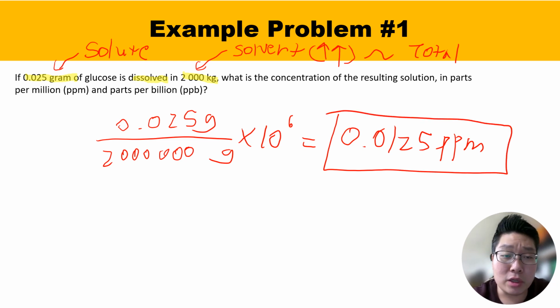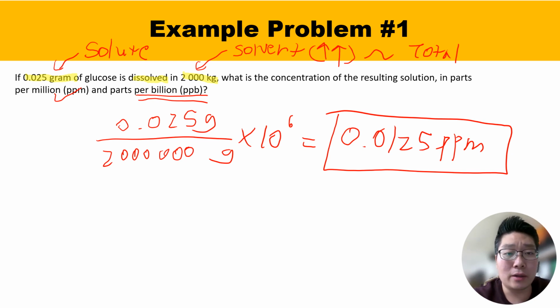As you can see, the parts per million is a really small value because, let's admit, 0.025 gram is such a small mass compared to 2,000 kilogram, which is the reason why this question also asks you about parts per billion. Some people get into panic mode and they say, Mr. Kim, I have zero clue what to do with parts per billion. I never learned it. Think about it.